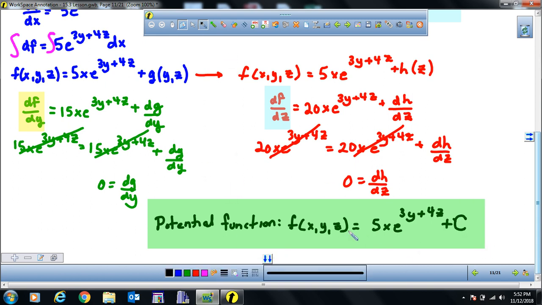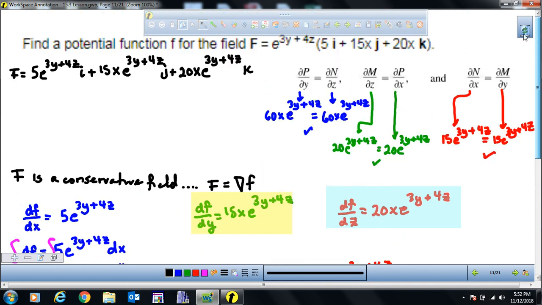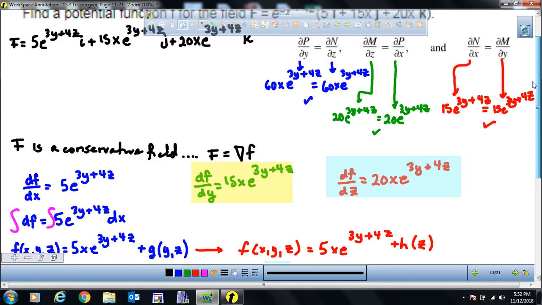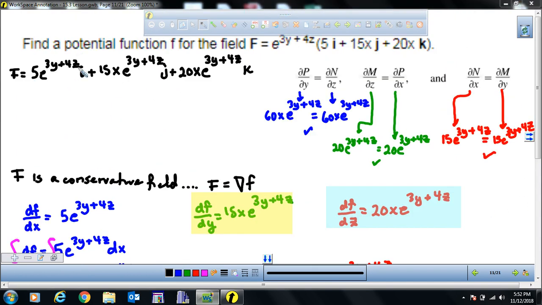We can verify the result by getting the derivative with respect to x, the derivative with respect to y, and the derivative with respect to z, and check on the gradient field that we created right here and see if it gives us that. So if we get the derivative with respect to x right here, it would be 5 times e to the 3y plus 4z. That's what we have right here.